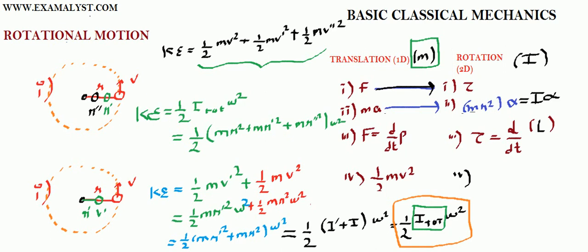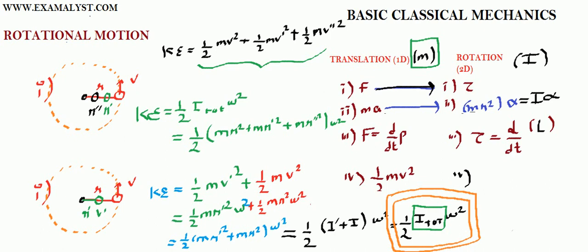So easy, right? The reason we introduced this formula is that if you need to find the kinetic energy of a rotating system, add the moment of inertia, and since omega is constant, square it.